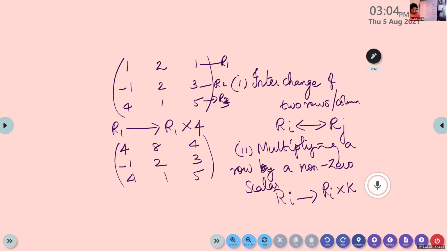Is it clear? Is it okay? These operations we call elementary row operations. Similarly, we have elementary column operations.